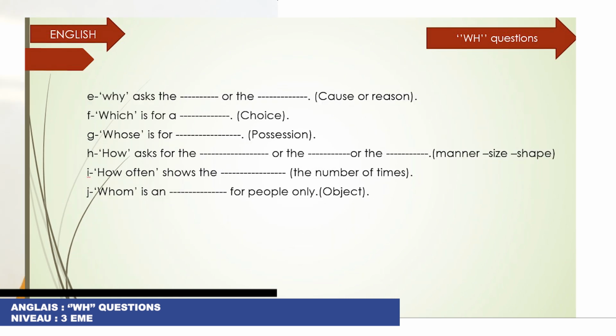Why asks for the cause or reason. Which is for a choice. Whose is for possessions. How asks for the manner, the size, or the shape. How often shows the number of times. Whom is for the object, only for people.